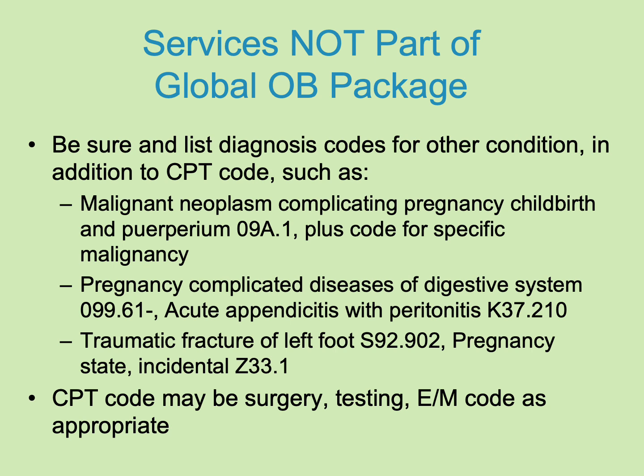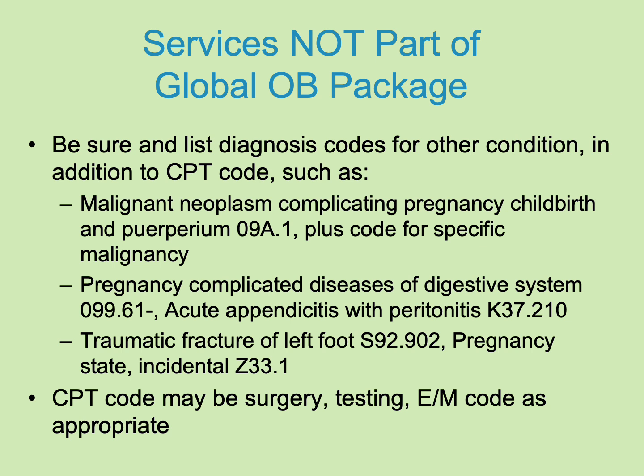Malignant neoplasm complicating pregnancy, childbirth, and puerperium, O9A.1, plus a code for the specific malignancy. That's obviously a problem, thank goodness, not routine, not seen for every patient. Pregnancy complicated by diseases of the digestive system, O99.61, and then also acute appendicitis, K37.210.